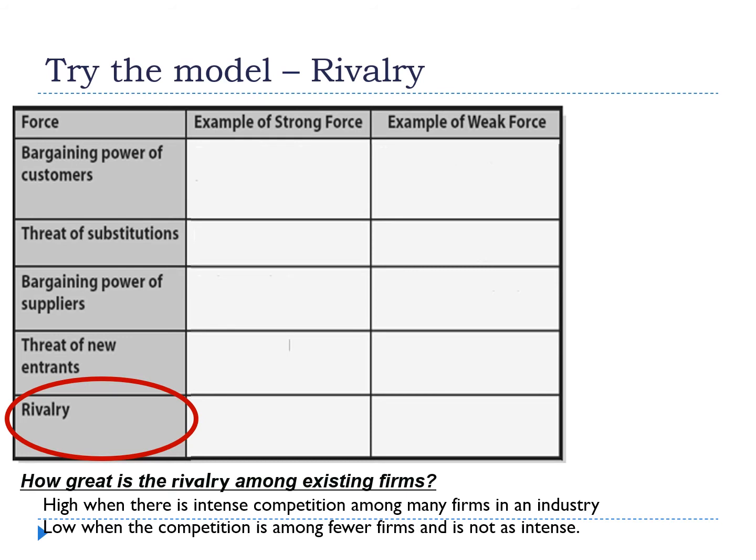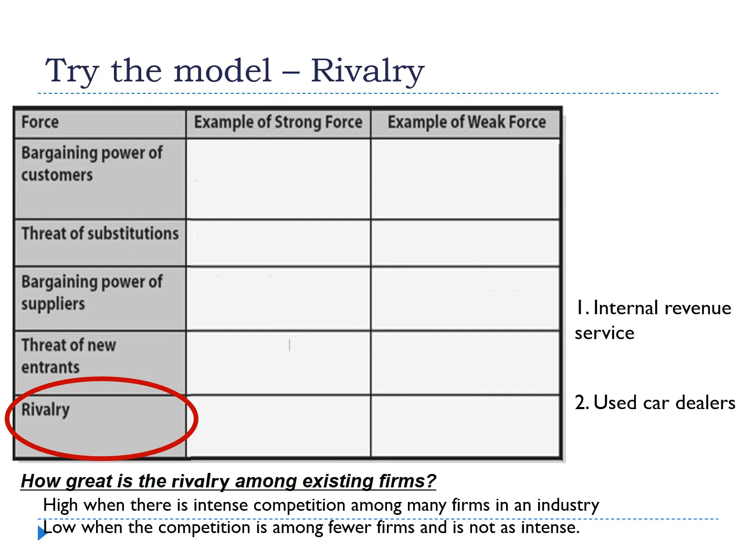Okay, again, let's take a look at this table and think about this question. How great is the rivalry among existing firms? Internal Revenue Service (IRS) and used car dealers. First, IRS.